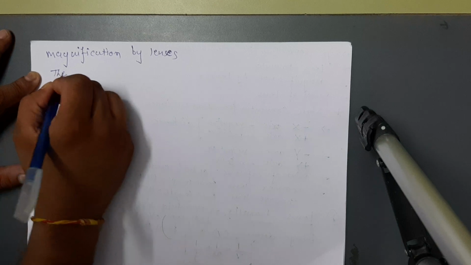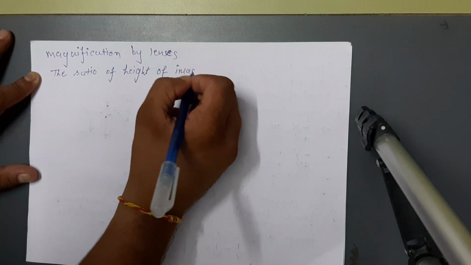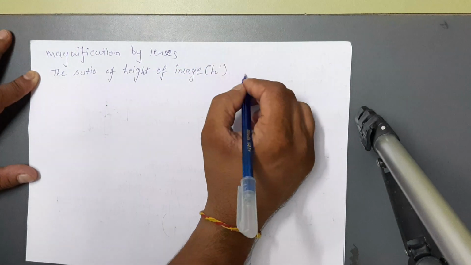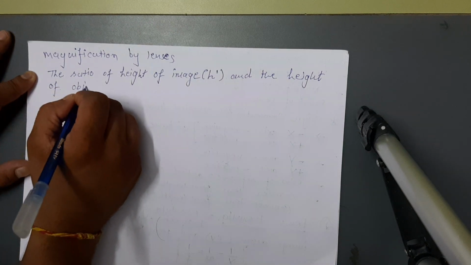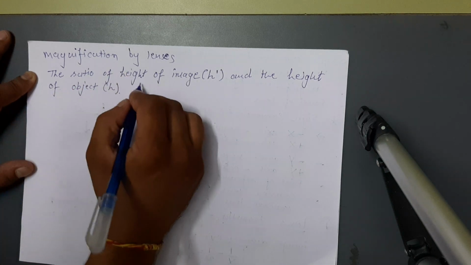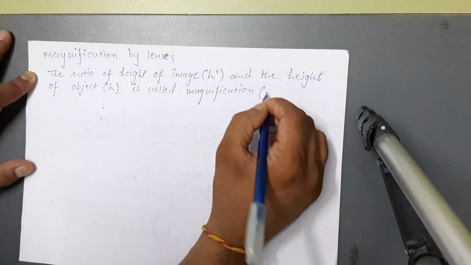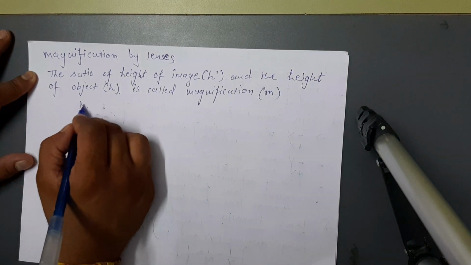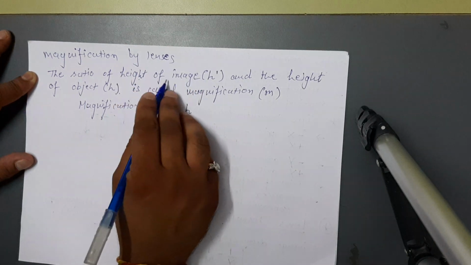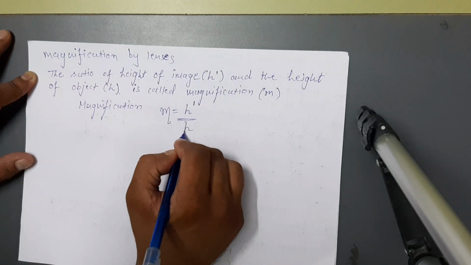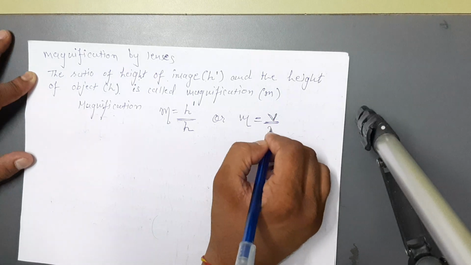The ratio of the height of the image, suppose h dash, to the height of the object, h, is called magnification and is denoted by capital M. According to its definition, magnification M is equal to height of image h dash upon height of object h, or we can also write it as v upon u for a lens.